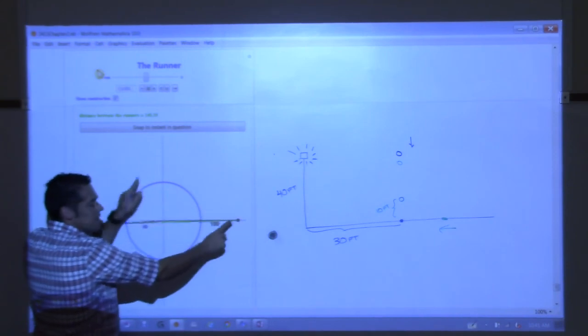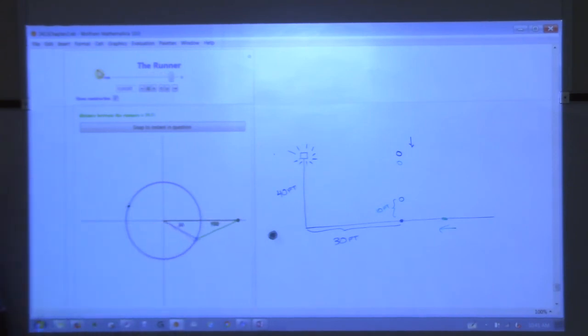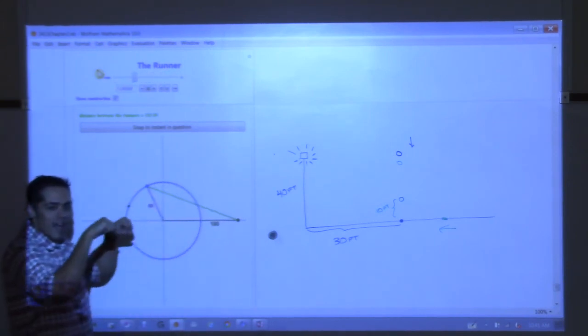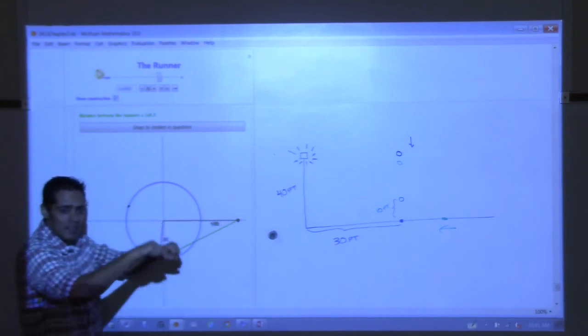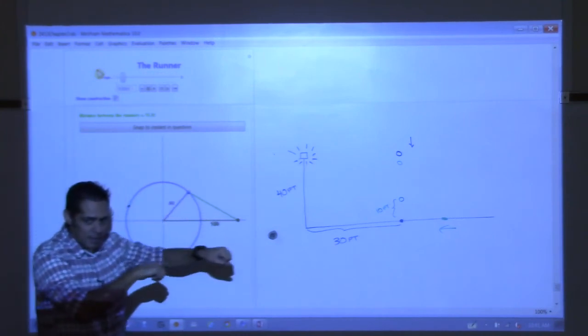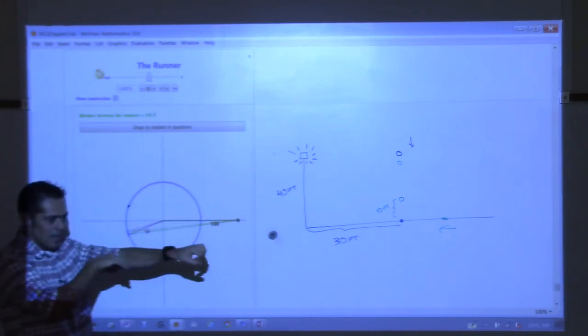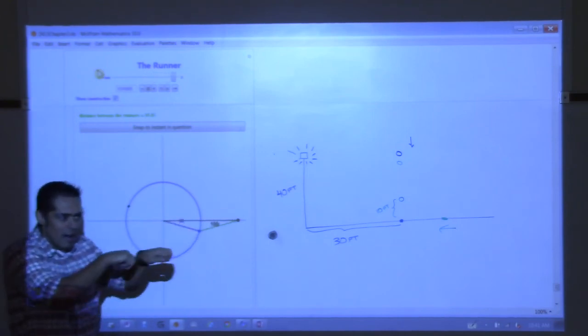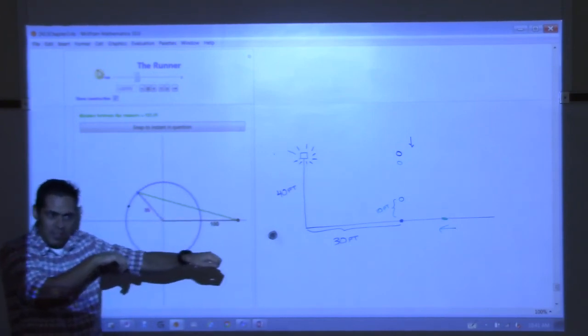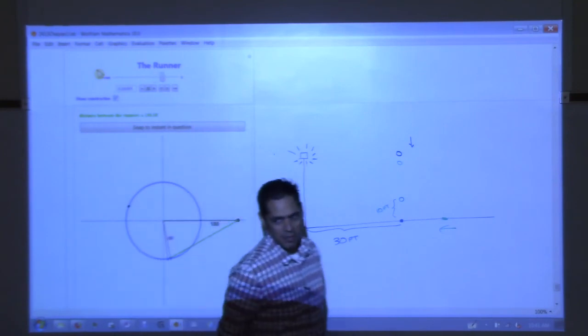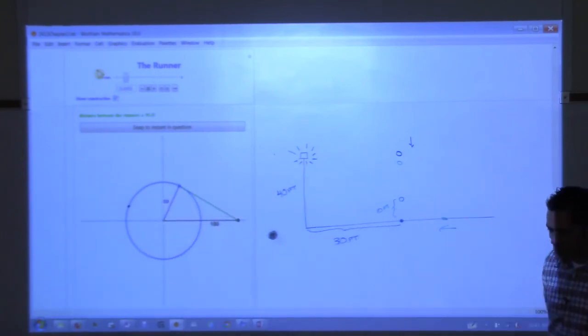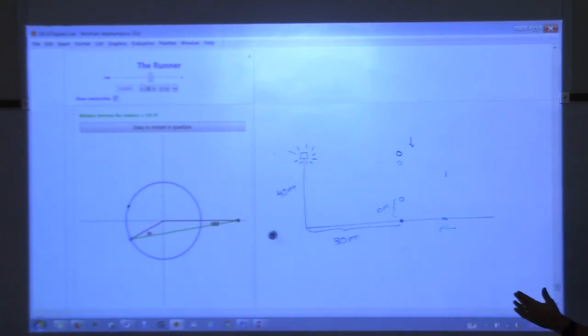In other words, how fast is the distance between them changing? Now, this is like a crankshaft and a piston in an engine. You have your crankshaft turning. How fast is the piston moving at a certain instant in time? There's a lot of different things you can do. But, you know, all right. Have a great weekend. Do your homework. Get caught up on 2.6.